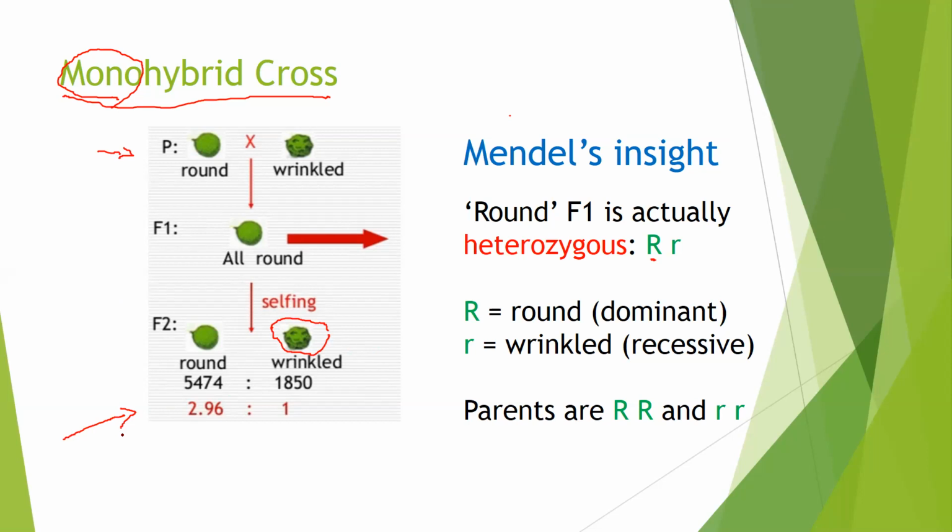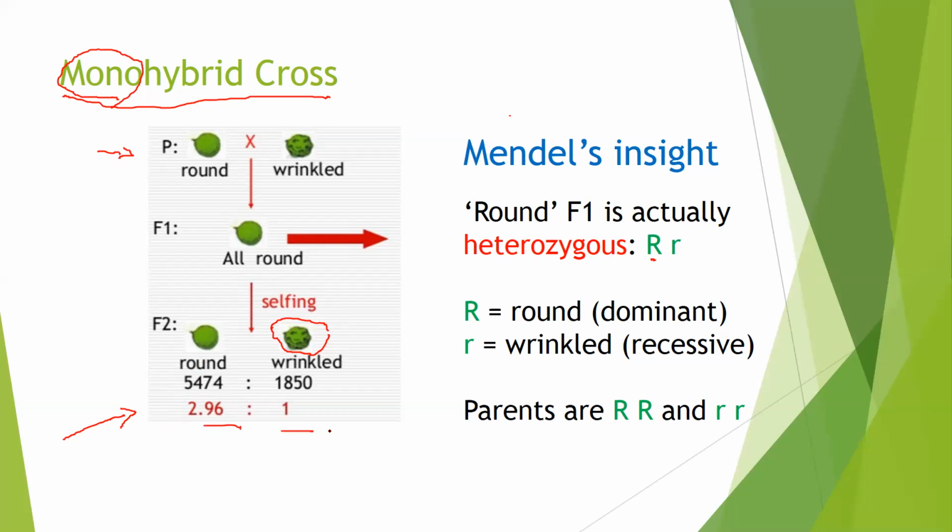It seems like he did an experiment including about 7,000 or 8,000 individual plants. Based on this large sample, interestingly, he observed that in the second generation there are two phenotypes, and the ratio of the individuals carrying these two phenotypes is roughly equal to 3:1.